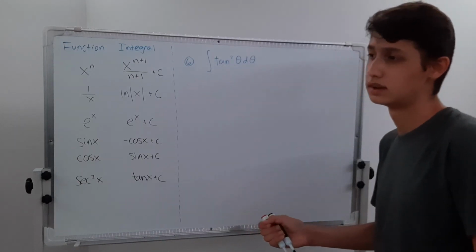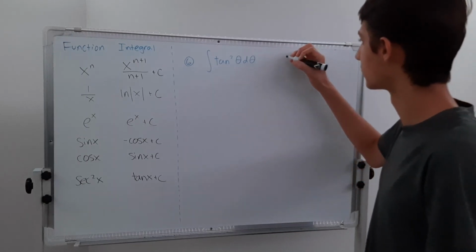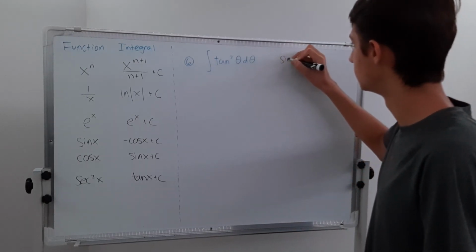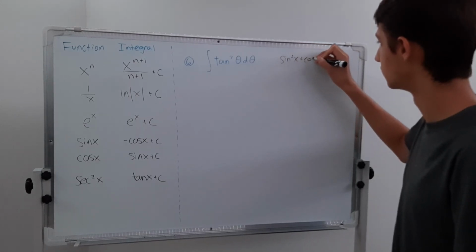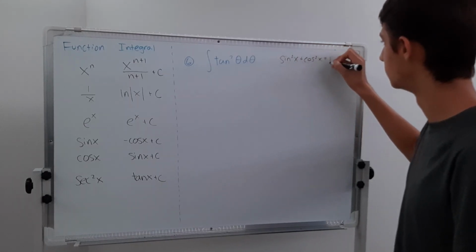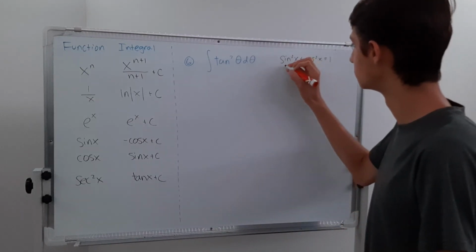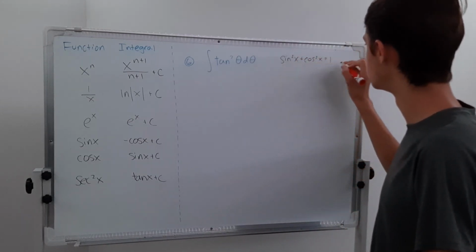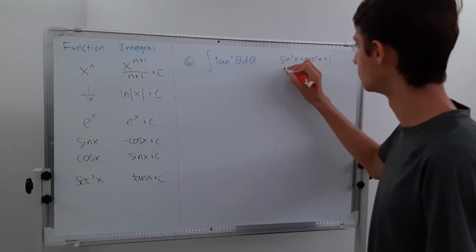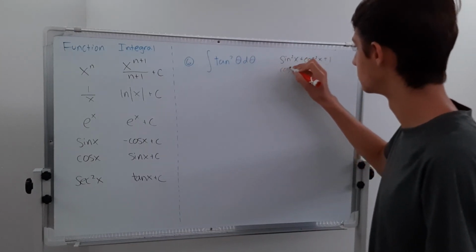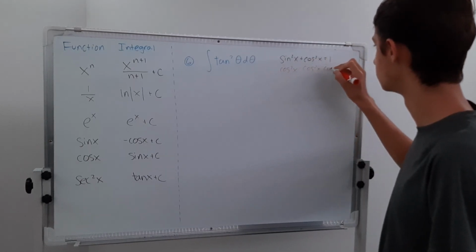So we know that sine squared and cosine squared make up 1. So we can use that fact. Okay, so sine squared, I'll use x, because why not? Sine squared x plus cosine squared x equals 1. If we divide all of those by cosine squared, we're going to divide each term by cosine squared.